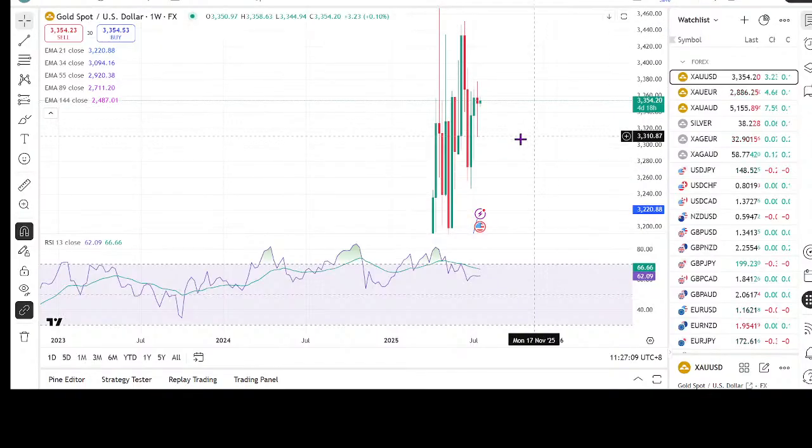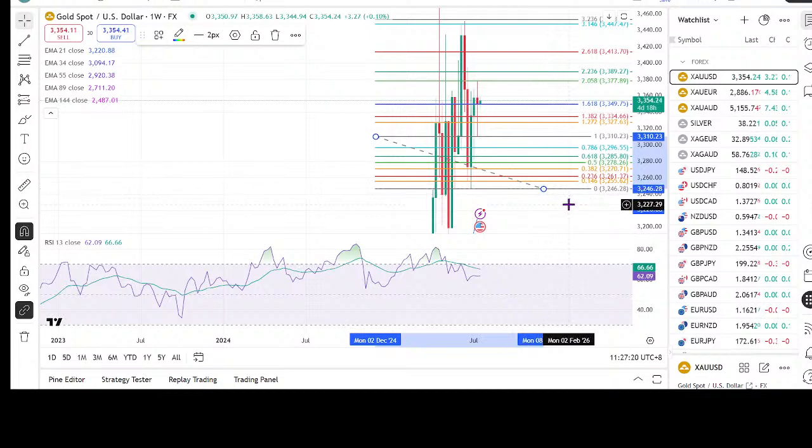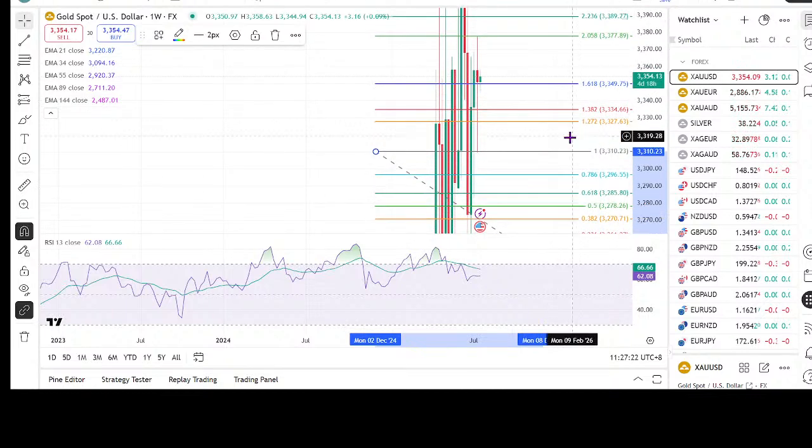So what we can do is go for an extension of this level as the weekly low, which means to say about 3327, okay, 3325 should be the weekly buy.